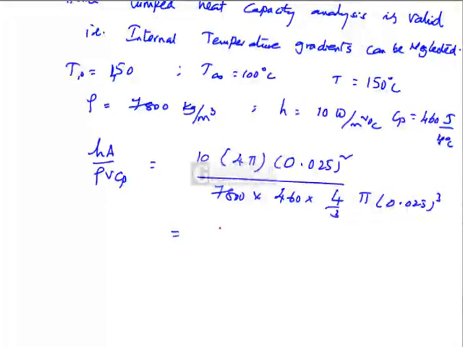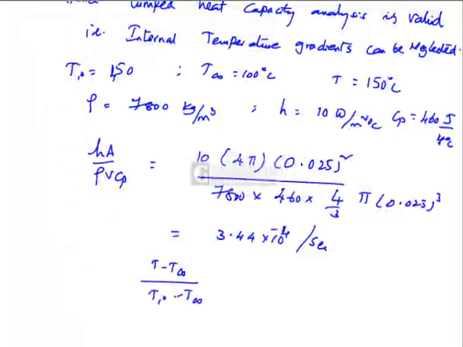So hA by rho V Cp is 3.44 into 10 power minus 4 per second. Now we got that T minus T infinity divided by Ti minus T infinity, where Ti is initial temperature before quenching of the body, is equal to e to the power of minus hA by rho V Cp into tau.